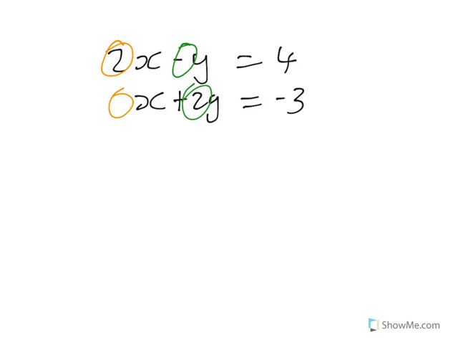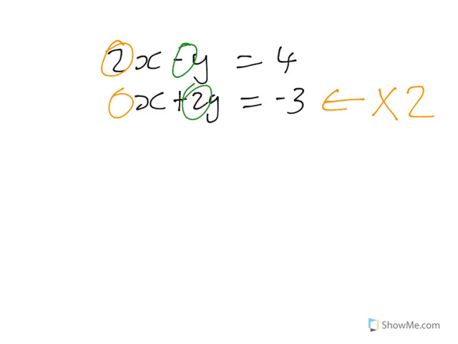So we either need to change the second one so that we get 2 in front of the x, or alternatively change the first one to get 2 in front of the y. It makes absolutely no difference which one you do. What I'm going to do is change the x so that I get a 2x in front.